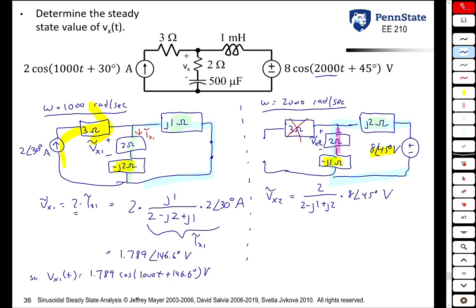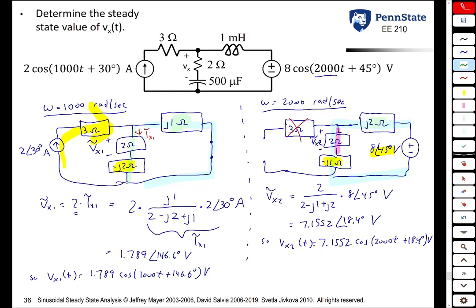You work out the math, it becomes 7.1552 at an angle of 18.4 degrees volts. So Vx2 in the time domain is 7.1552 cosine of 2000t plus 18.4 degrees volts.